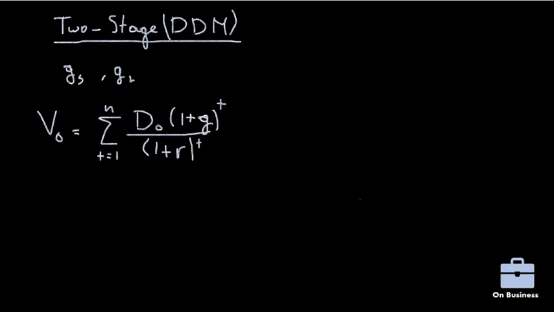So at t equals 0, let's say we have here year 0, and then 1, 2, 3, and then we have a period of high growth. Okay, so the dividend I'll be receiving in year 1 is going to be D0 times 1 plus g to the power 1, and I'll discount it by 1 year.